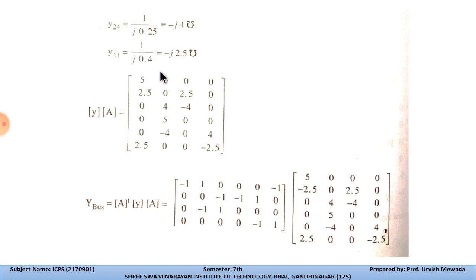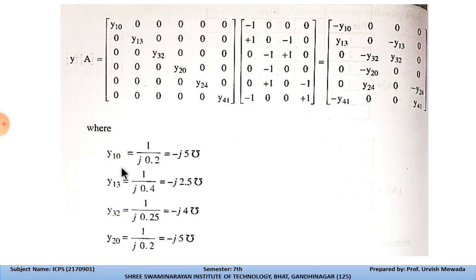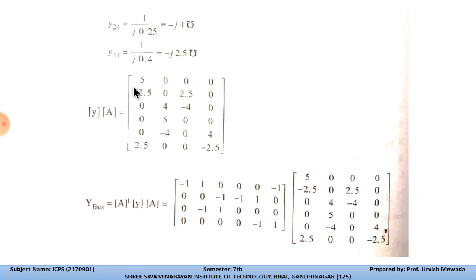Y41 is 1 upon 0.4, which is minus j2.5 mho. So y into A will become, by placing these values, this matrix. We have the value of y10 as 5, then 0 0 0, minus 2.5, 2.5, 0, and this is a 6 by 4 matrix.